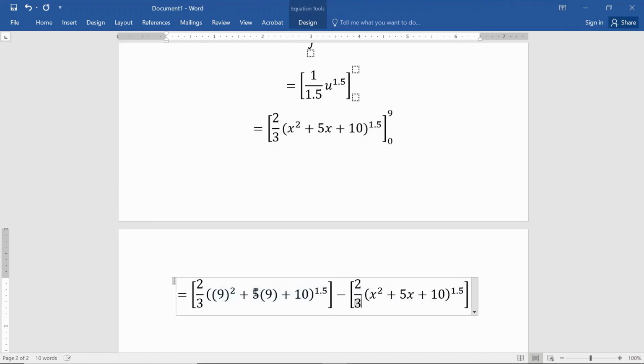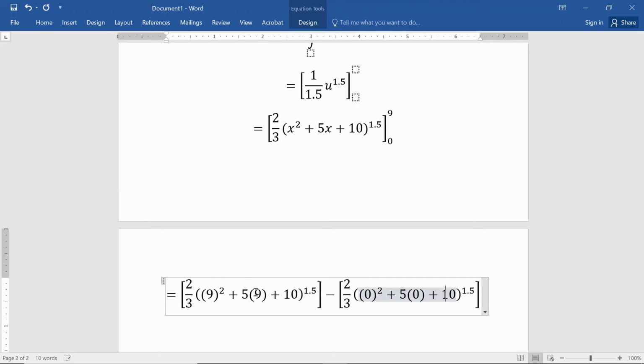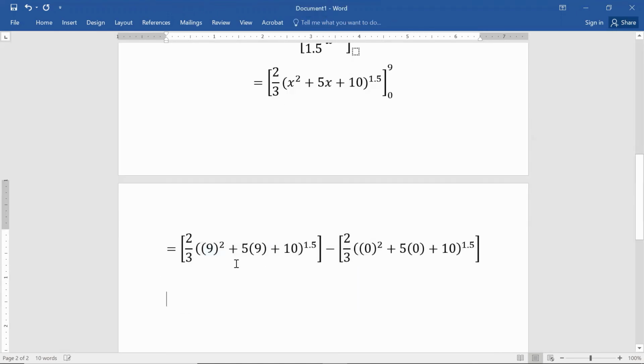If I plug in 0, I would get 0 squared plus 5 times 0 plus 10 on the inside. I'm going to type that into my calculator, this whole thing.